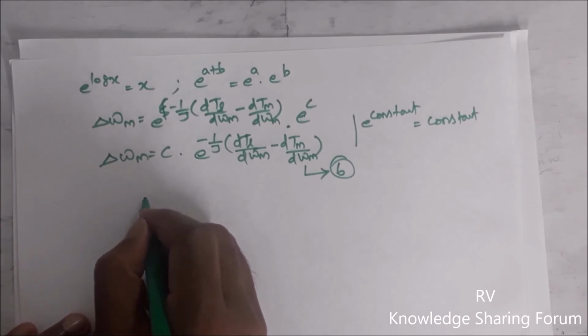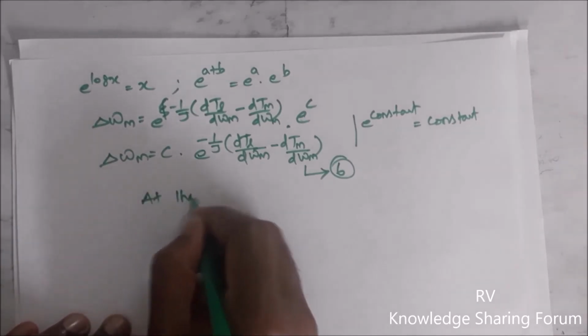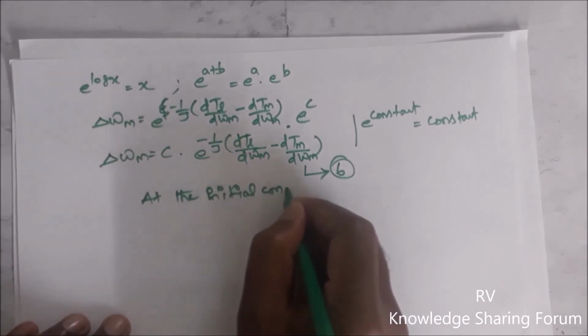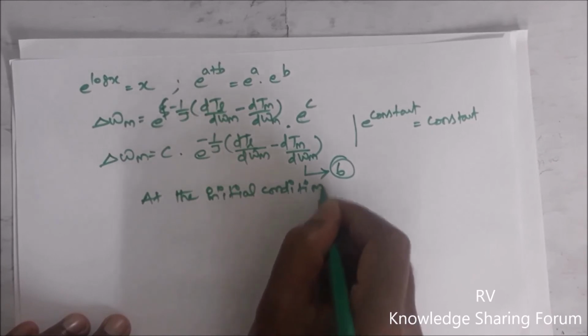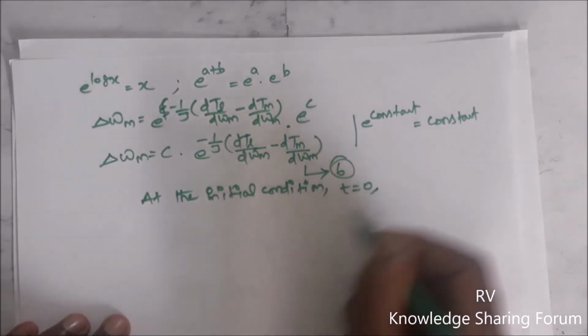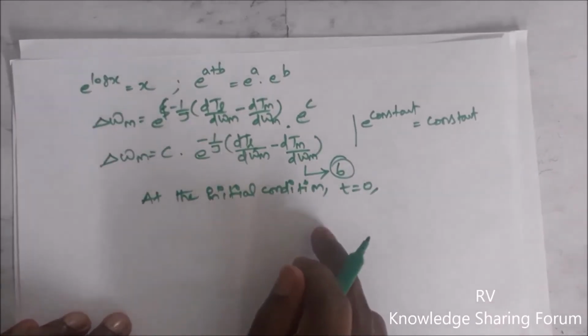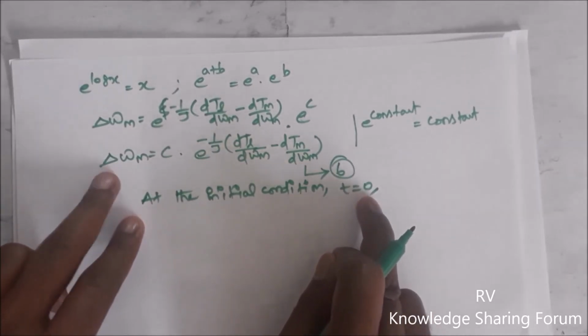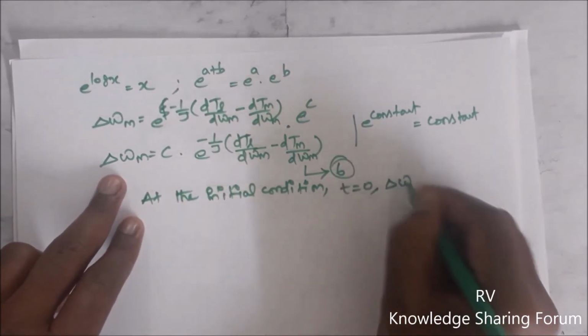So at the initial condition, your t is equal to 0. At that particular point of t equal to 0, I am assuming this delta omega m as delta omega m naught.